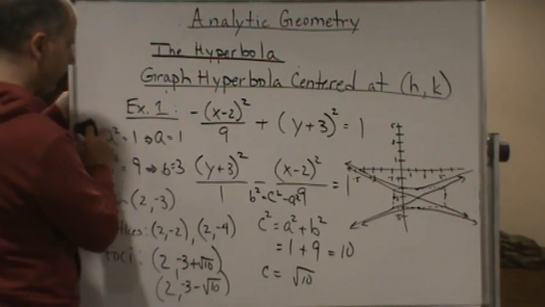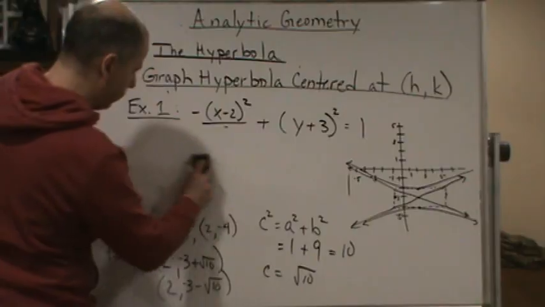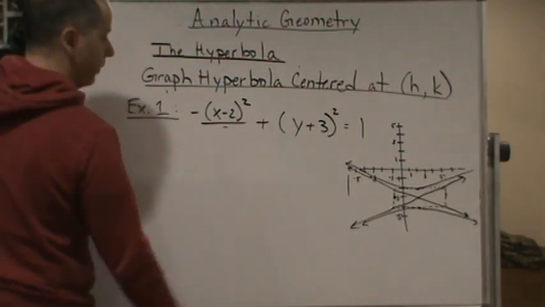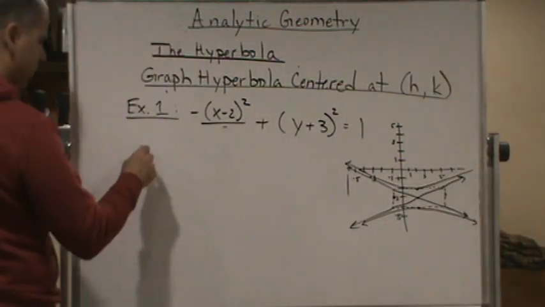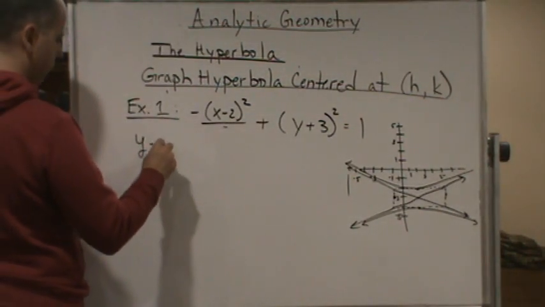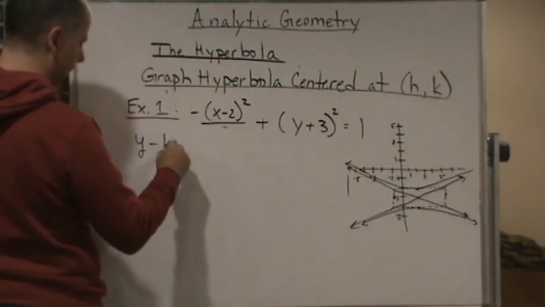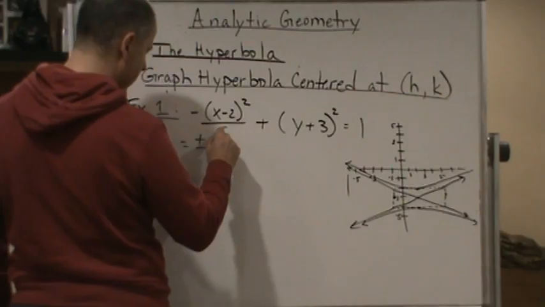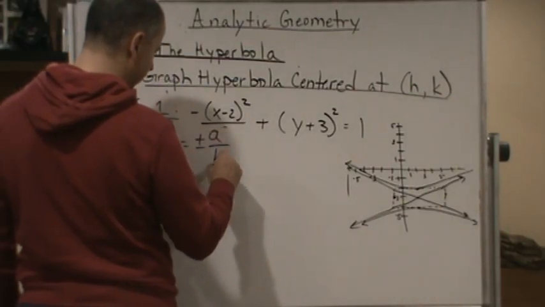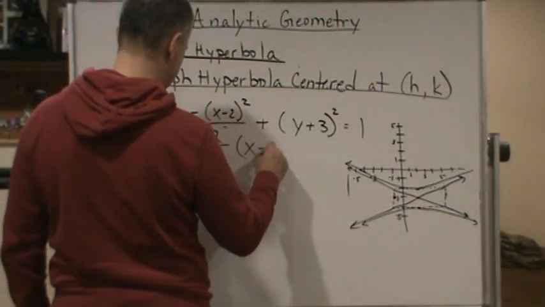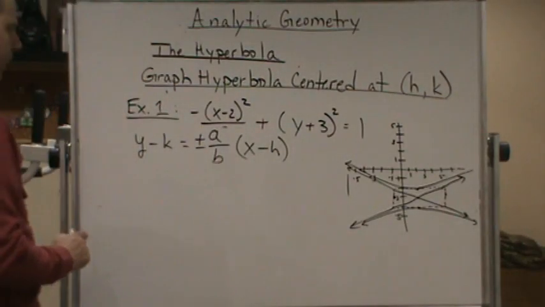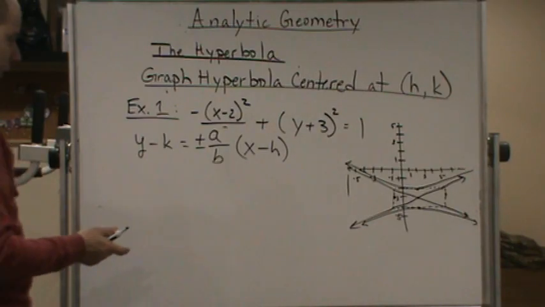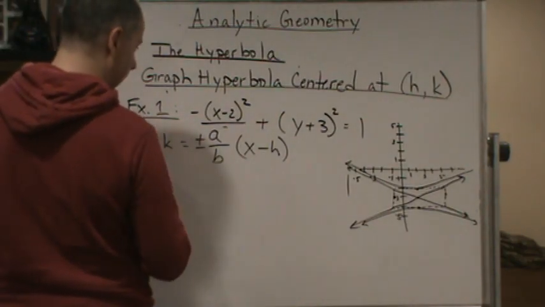Okay. Now what about the asymptotes? They want the equations for the asymptotes. Now, since this is going vertical, remember it's going to be y minus k is equal to plus or minus a over b times x minus h. Now, the thing is we know what h and k are, right? And we know what a and b are.